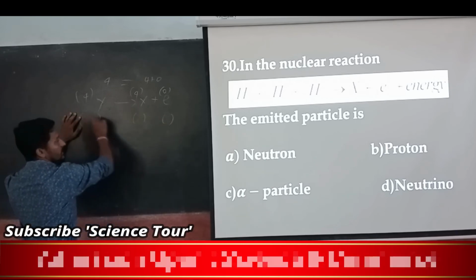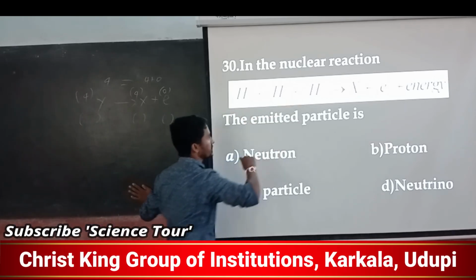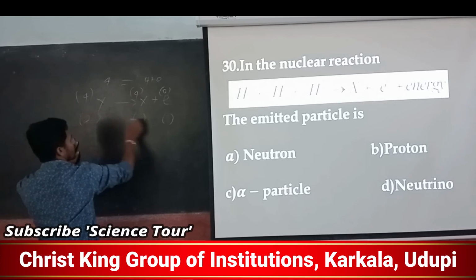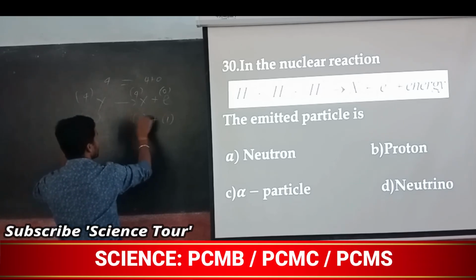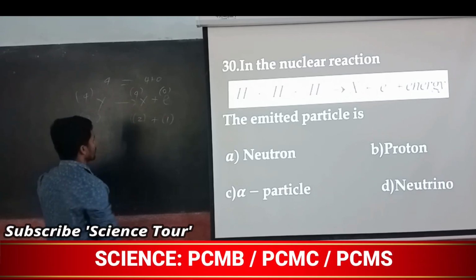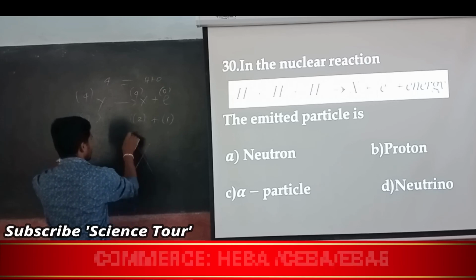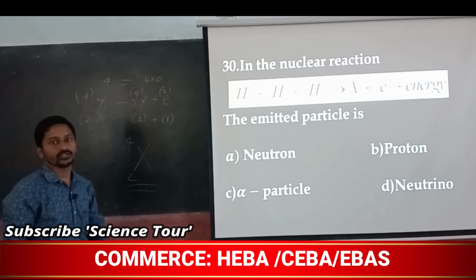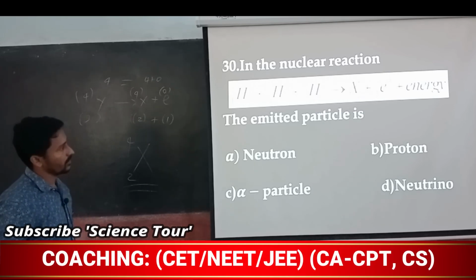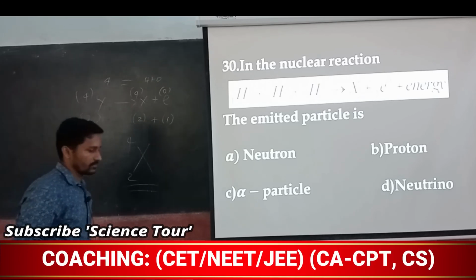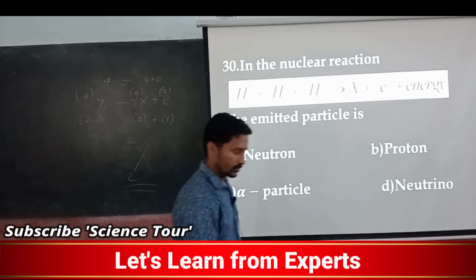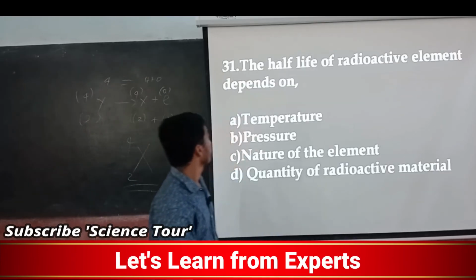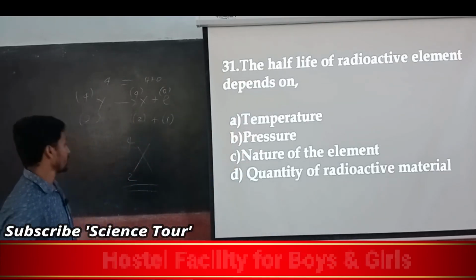Here 1 plus how much equals 3? 2 equals 3. So X is this one. Simple balancing. That is nothing but an alpha particle. Go to the next question and try to find the answer.